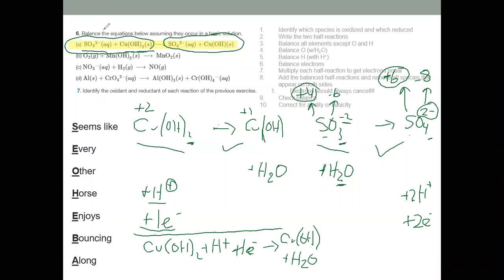Okay, now we need to get that 1 electron to 2. Okay, so we're going to have to multiply, and since my real estate is somewhat precious on my screen here, I'm just going to go back and put a 2 here, a 2 here, clean this up a little bit.